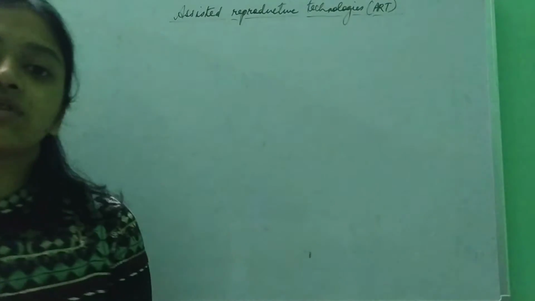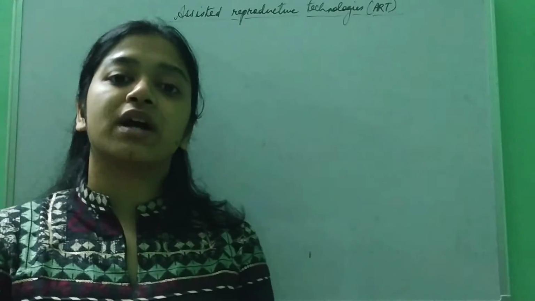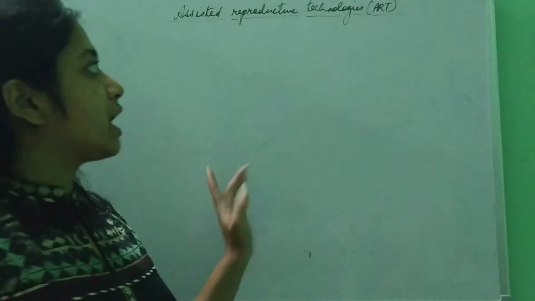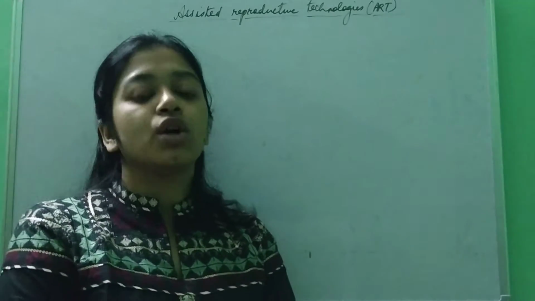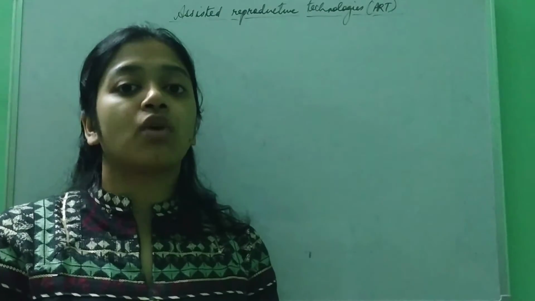Hello students, so now we'll start with the last part of the chapter Reproductive Health, and it is known as Assisted Reproductive Technologies. Assisted Reproductive Technology is also known as ART. As the name suggests, these are technologies or methods which will assist couples that cannot become pregnant normally.